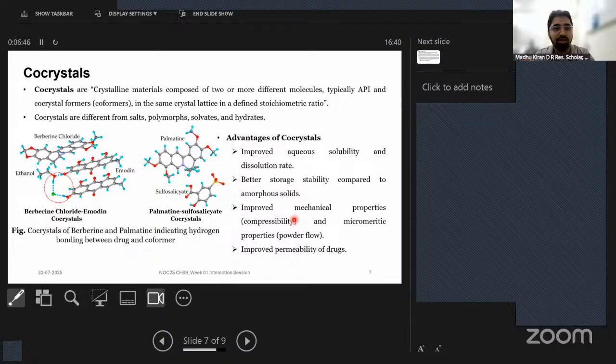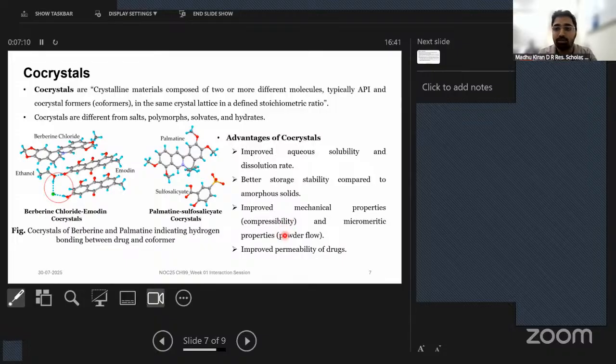A common example is sodium chloride, the salt which we use. Everyone might have noticed in rainy season that it doesn't flow properly. It tends to stick with each other or to the walls. So that makes amorphous materials also have poor powder flow properties. But in case of co-crystals, these kinds of disadvantages are not there.